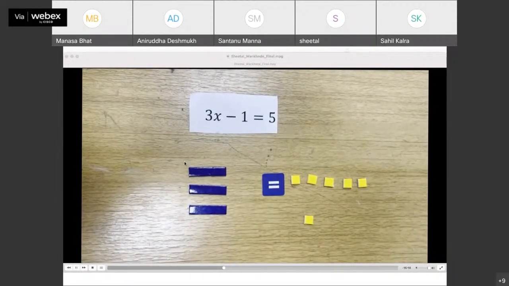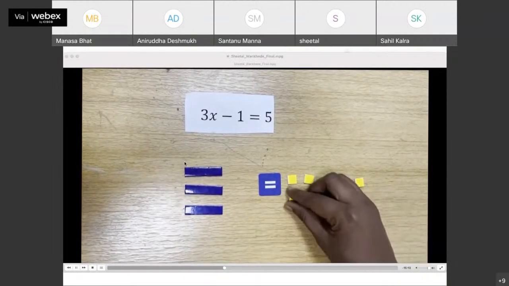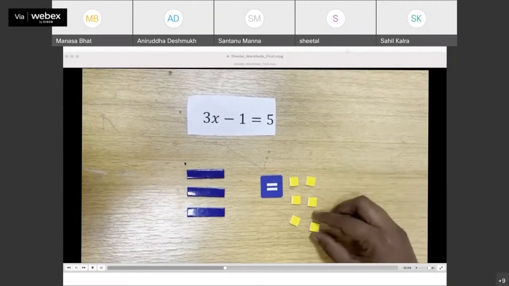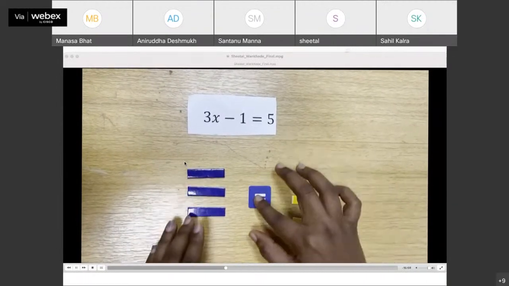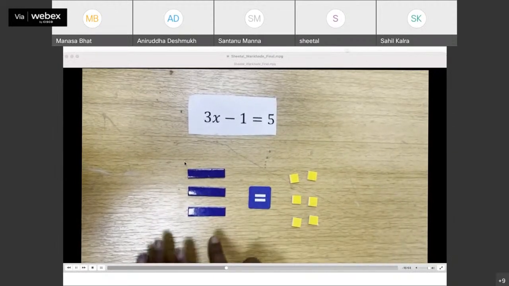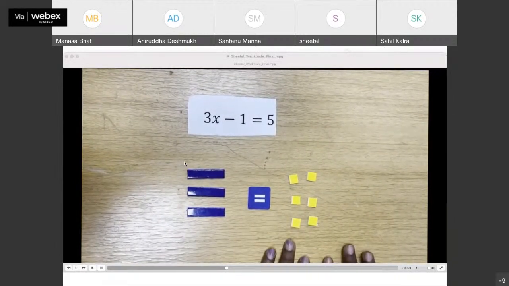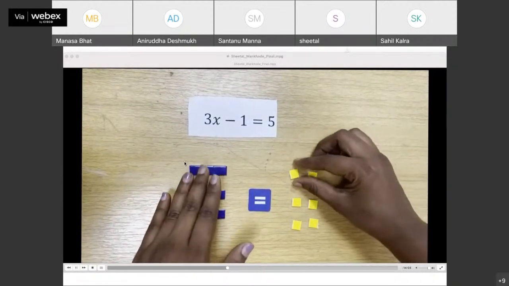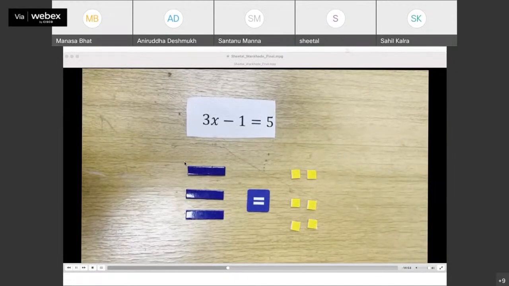So they vanishes from here. So now we have this, if you see on balancing, so you have this. That means your value of x is 2. This side you have 3x and this side you have 6. So for each x you have the value 2.